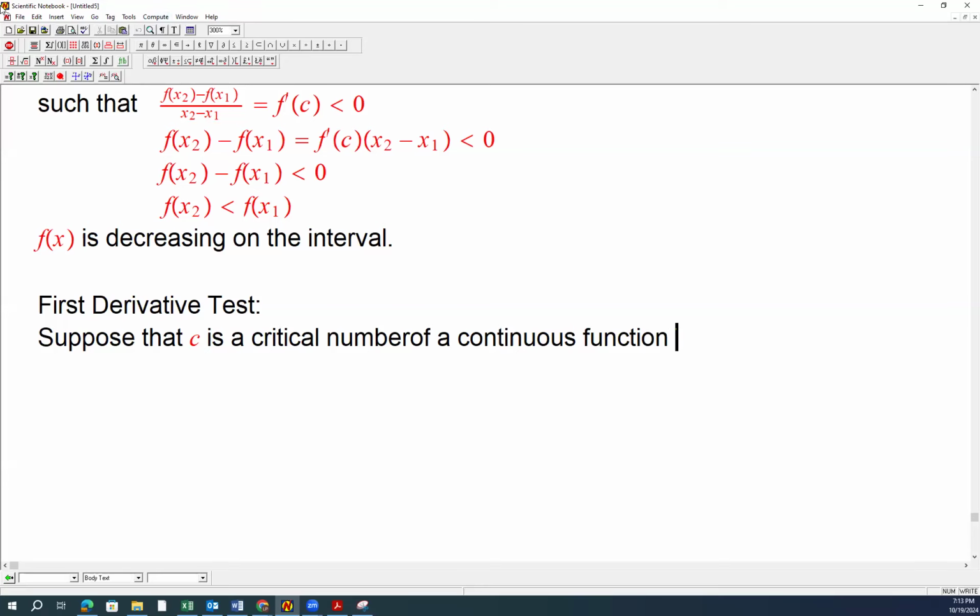This function is f. And there are three cases. A, if the first order derivative changes from positive to negative at C, then f has a local maximum. The changes we mean usually from left to right.